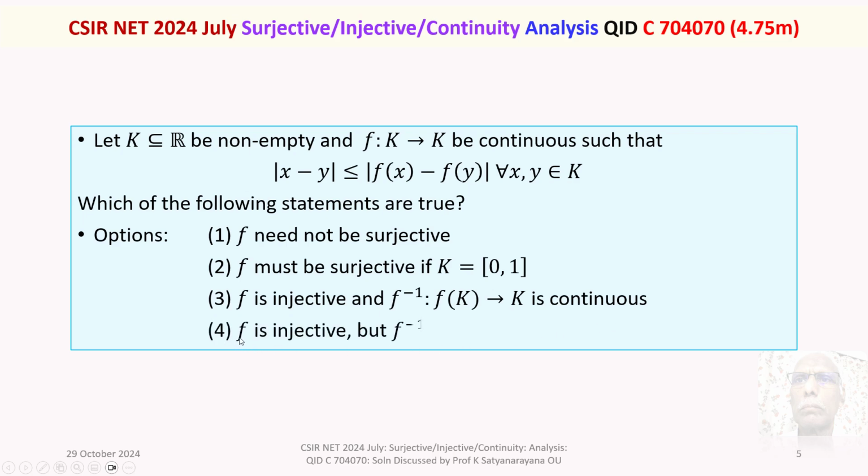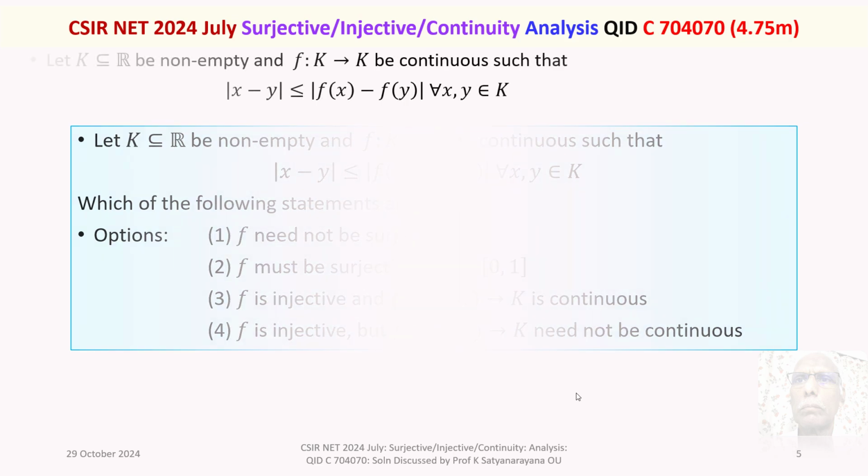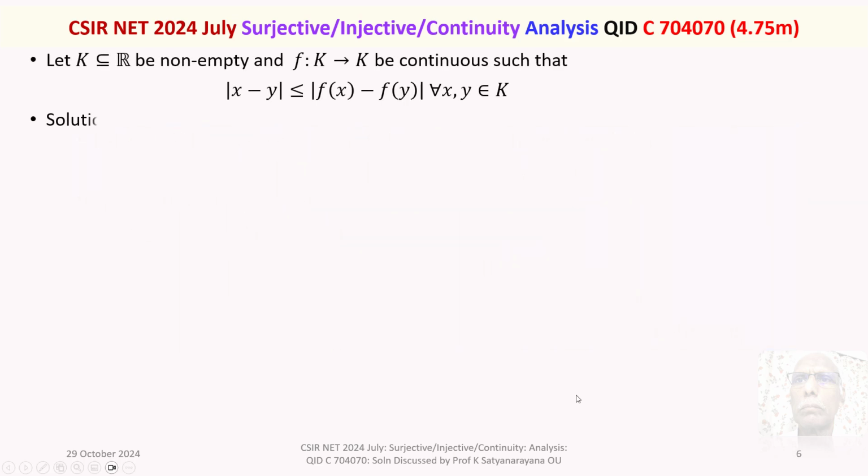Option 4: f is injective but f inverse defined from f of K to K need not be continuous. So between these 3 and 4, one of them must be true. If one is true, the other will be false. We will now discuss the solution of the problem in detail.